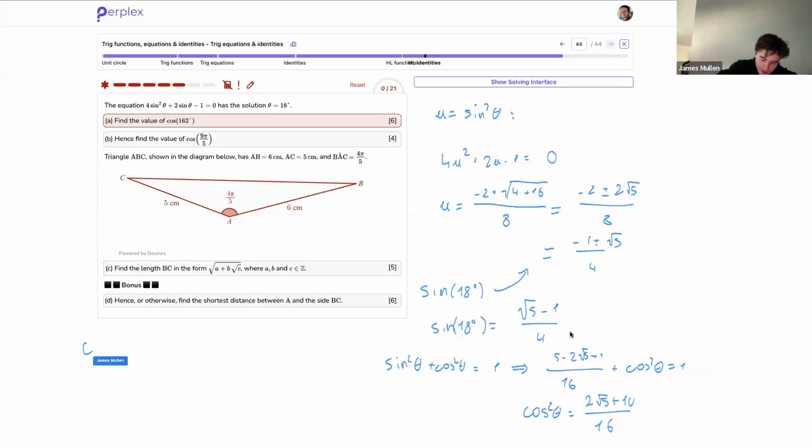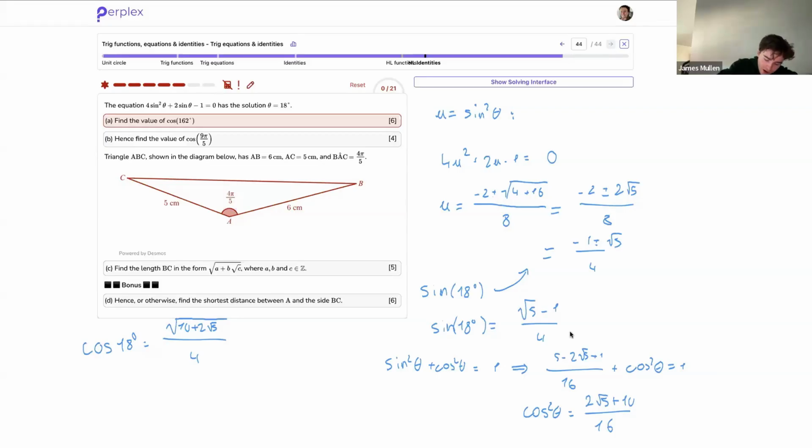Or in other words, cos of 18 degrees is equal to the square root of 10 plus 2 root 5 over 4. Okay, and I know it's positive because 18 degrees is in the first quadrant.